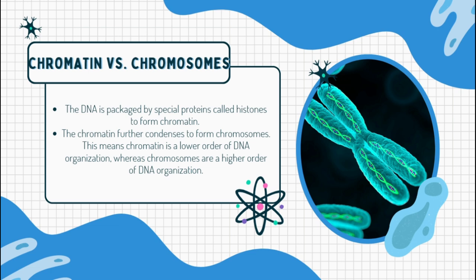During that phase, the cell is not dividing, it's just resting, preparing for cell division. During that time, the chromosomes are not condensed, and those chromosomes that are not condensed are the chromatin. That's before cell division, before mitosis takes place.